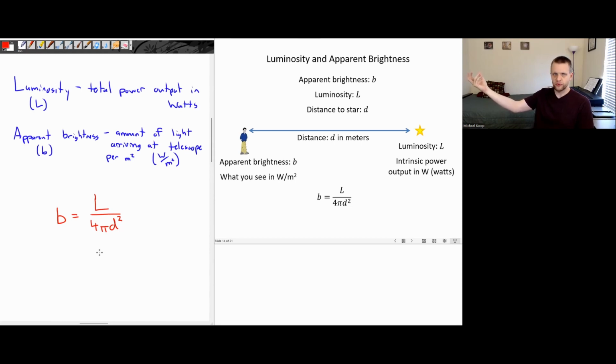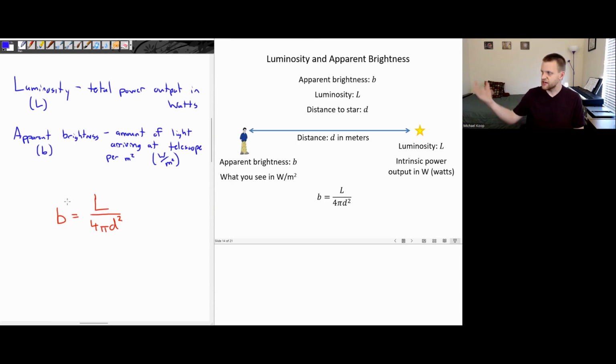If I switched out the 100-watt light bulb with a 200-watt light bulb, what would I probably say about the apparent brightness of that object? Yeah, if all we do is switch out the 100-watt light bulb for a 200-watt light bulb, we're increasing the luminosity. Luminosity is in the numerator of the equation. So if I increase that luminosity, apparent brightness is going to increase as well.